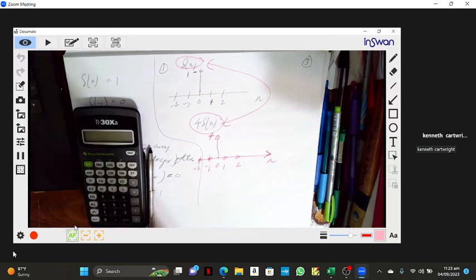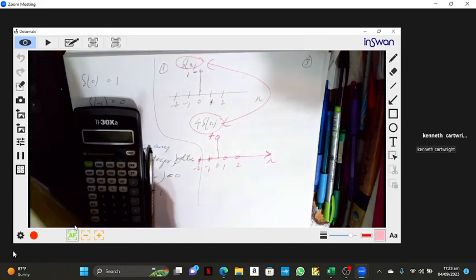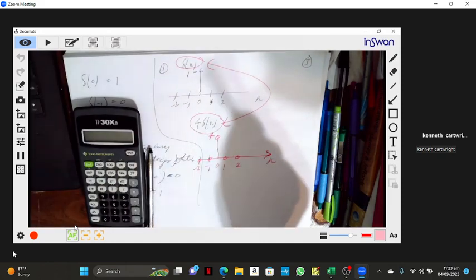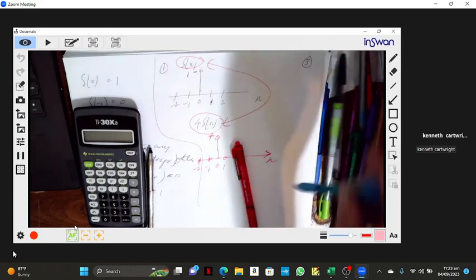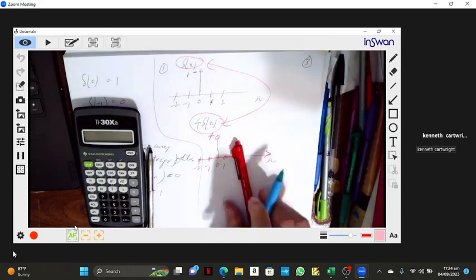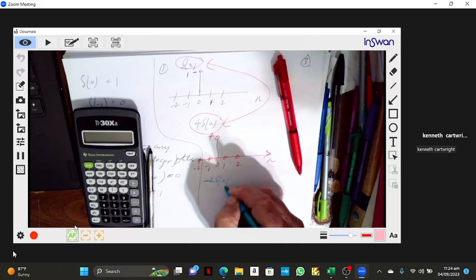We're only looking at specific values of time. What about this one? What does that look like?